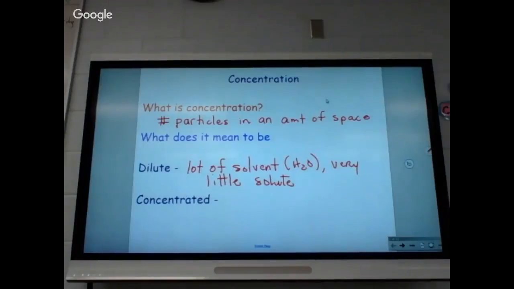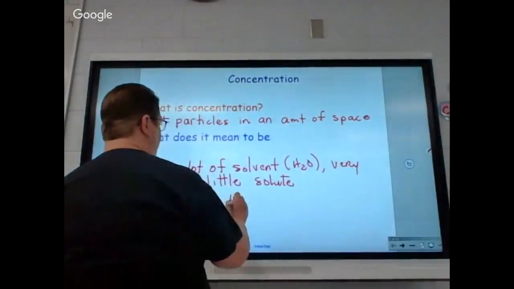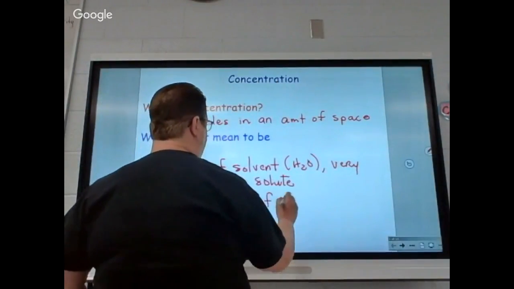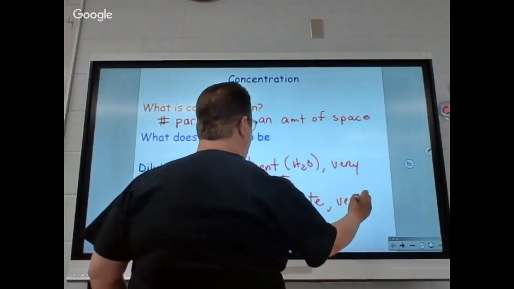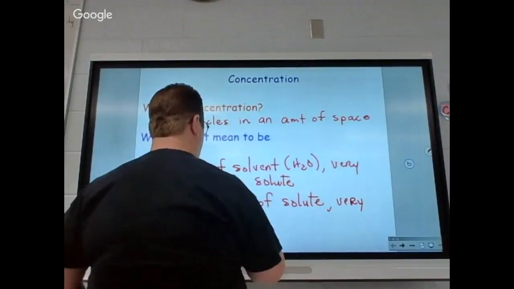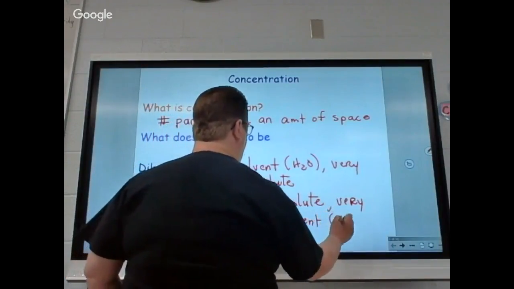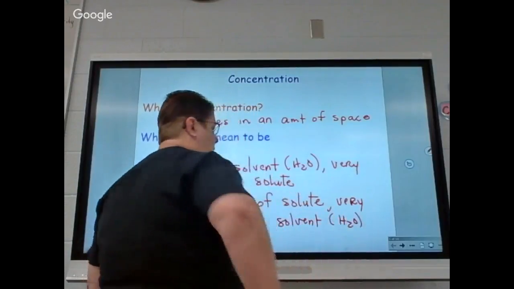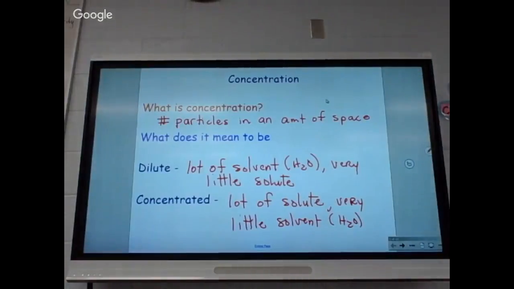Now, sometimes we need to use concentrated acids, and I might give you 6 molar. 6 molar would be concentrated, and so we have a lot of solute and very little solvent or water.